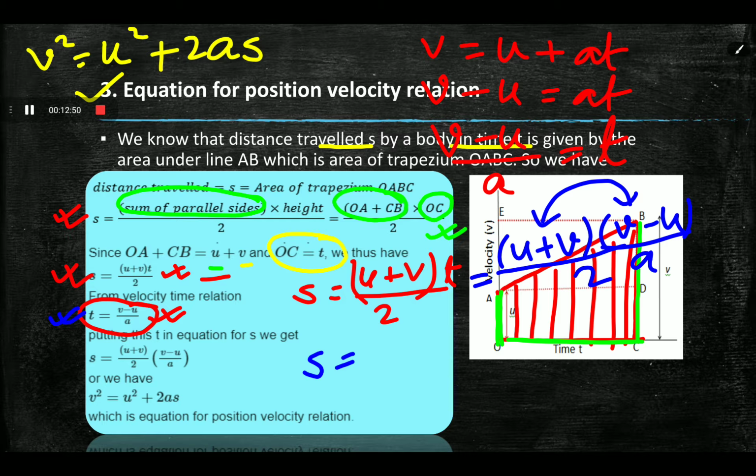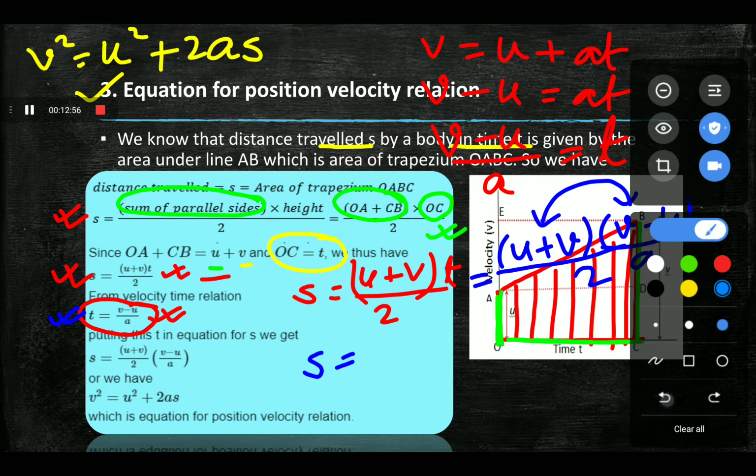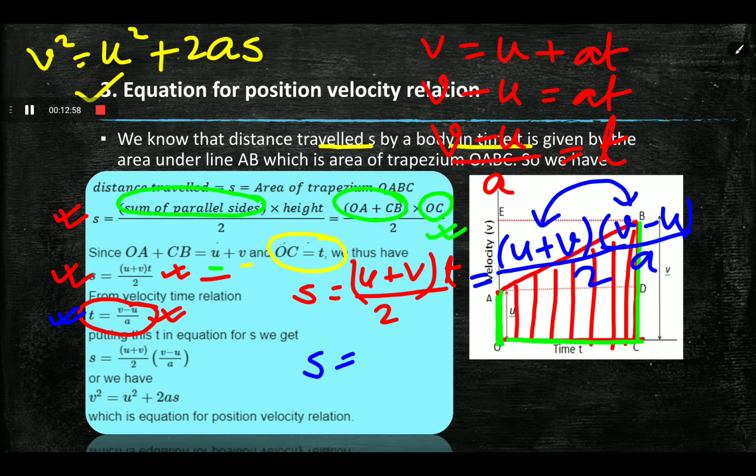So we can write it like this. Here V square minus U square. Why? Because it is V plus U multiplied with V minus U. So A plus B into A minus B. That's why V square minus U square by 2A. Now this 2A is multiplied with the distance.